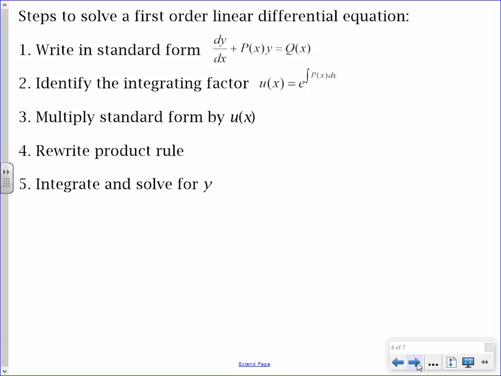It has to be in that form before you can go forward with any of the gibberish that we just wrote down. Then using that function multiplied to y, you're going to find your integrating factor.